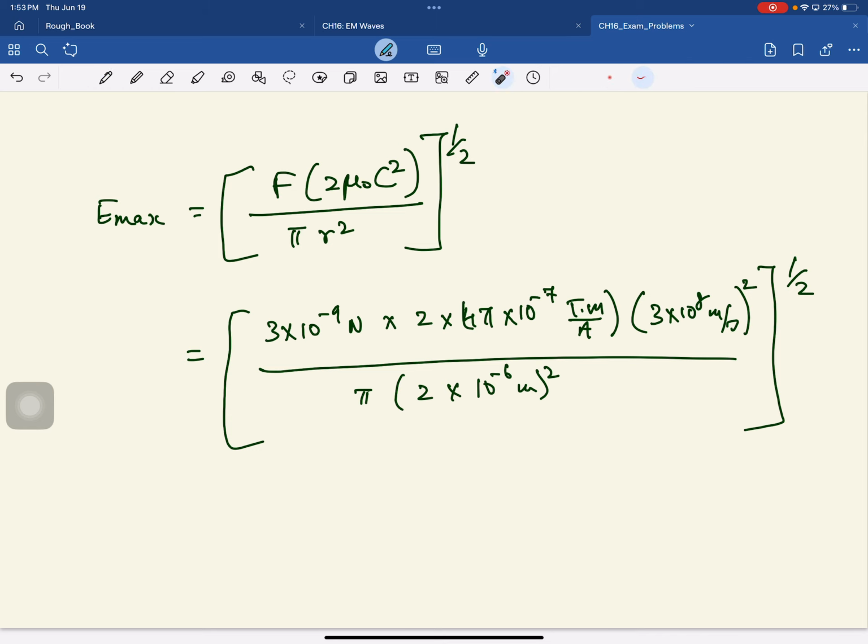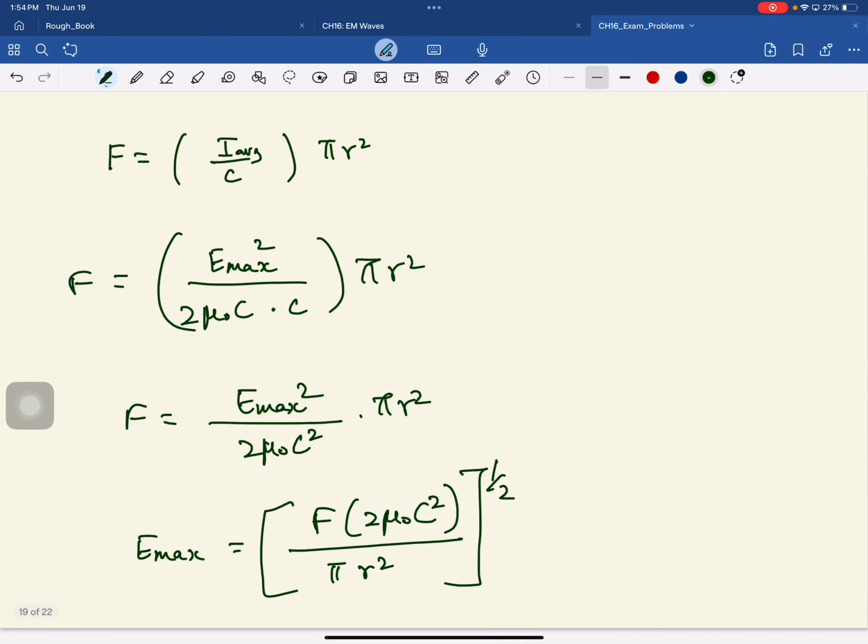So let's take care of powers of 10. That is 16. And this is 16 as well, so that kills that. This is minus 12, comes up there, plus 12 to the power half, so 10 to the 6. Okay, what did we do wrong?